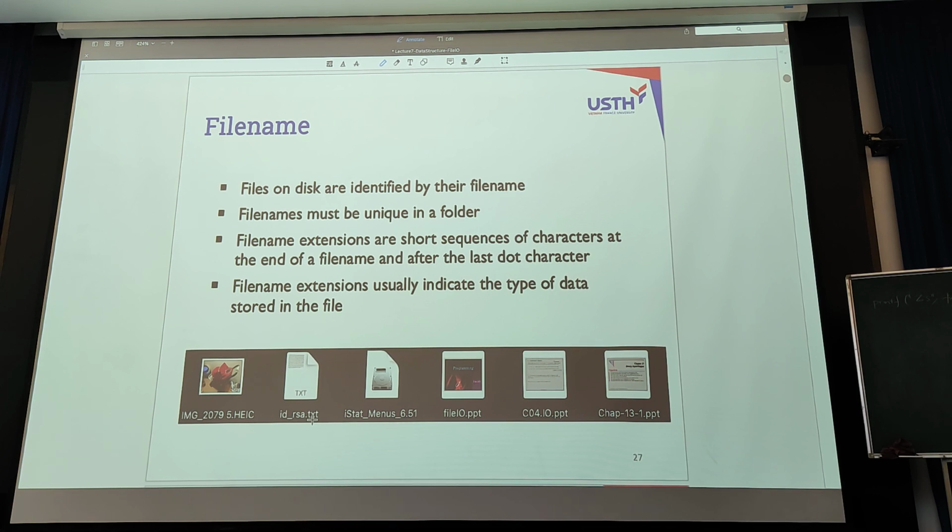A file is an area in the permanent storage that stores some value, some information, and it has the name and the extension. There are many extensions that indicate the type of data inside the file.